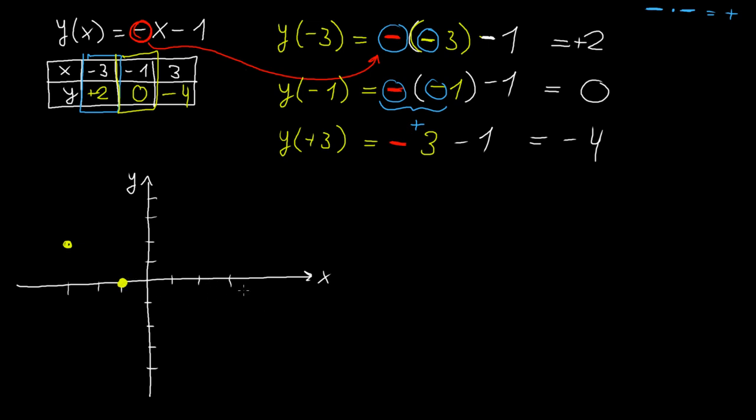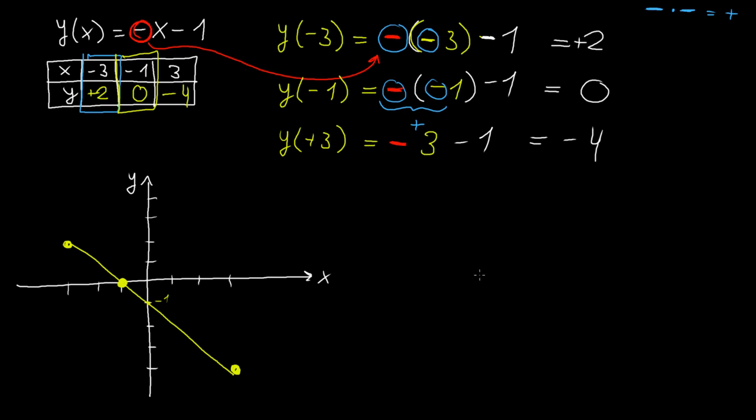And then we have 3 and minus 4, right here. And then we draw a straight line. Ideally it crosses minus 1 also right here. Now, this is the function that we drew.